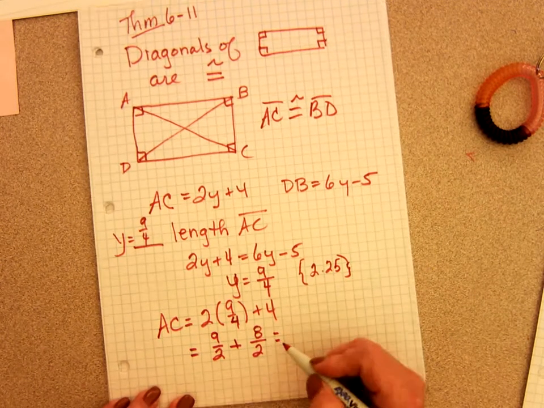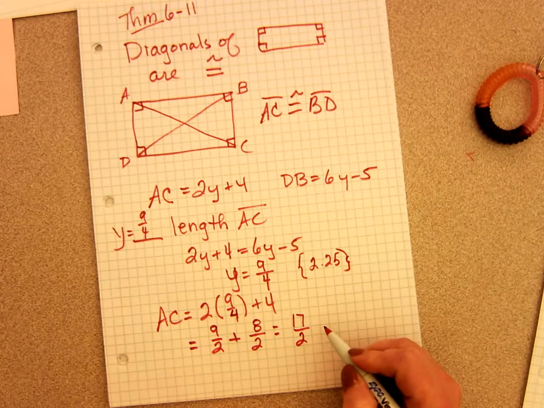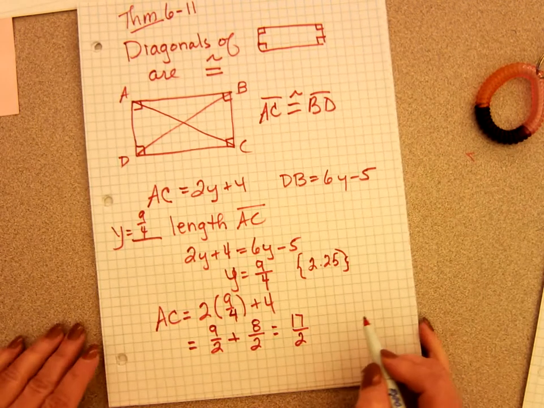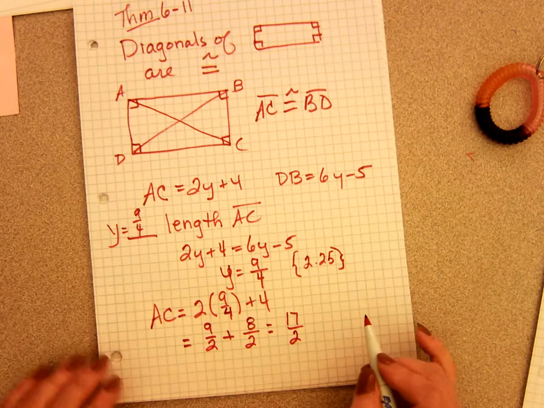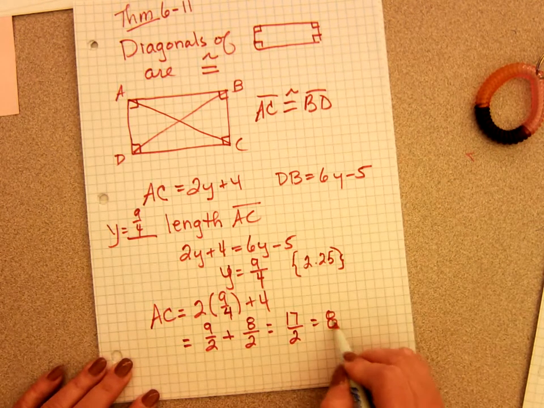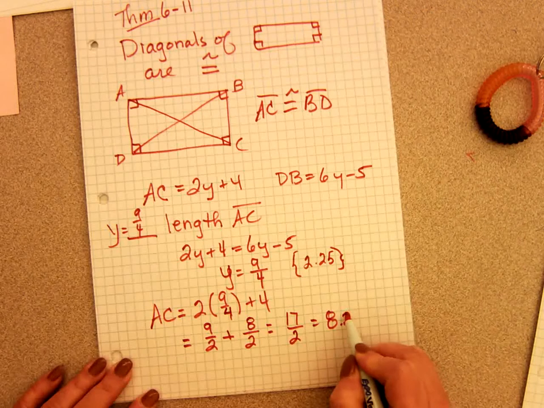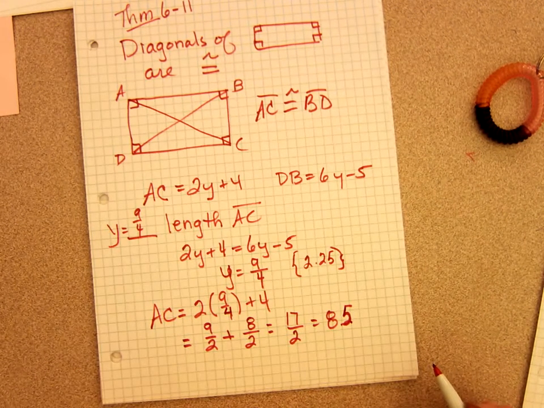And that is equal to 17/2. Or if I look at the book where I got this problem, it's a multiple choice question, and the answers are not fractions, they're decimals, so it's 8.5. Everybody got that?